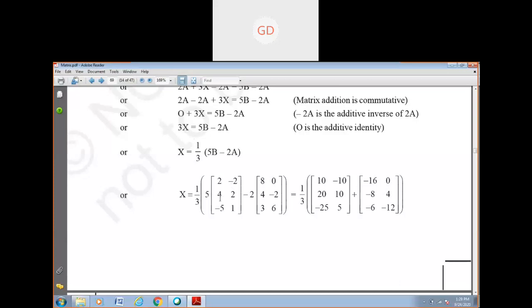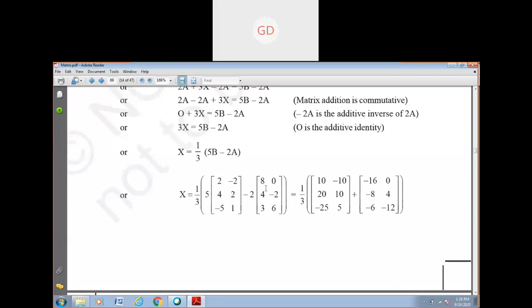So 5 into this matrix is scalar multiplication. All the elements we have to multiply by this 5. Similarly, all the elements of this A matrix have to be multiplied by 2. It is scalar multiplication.